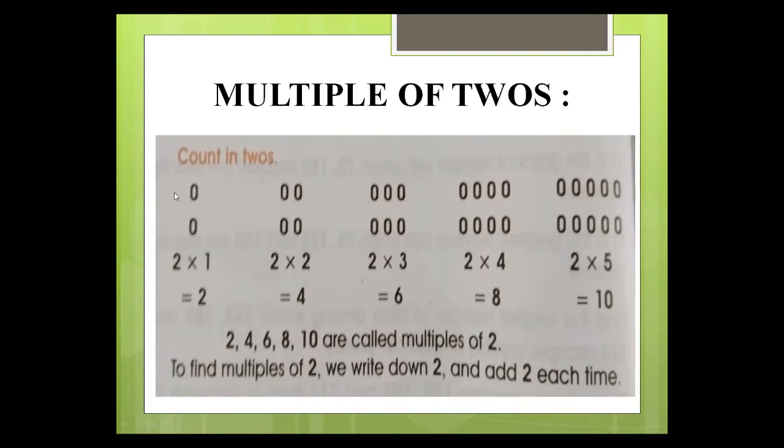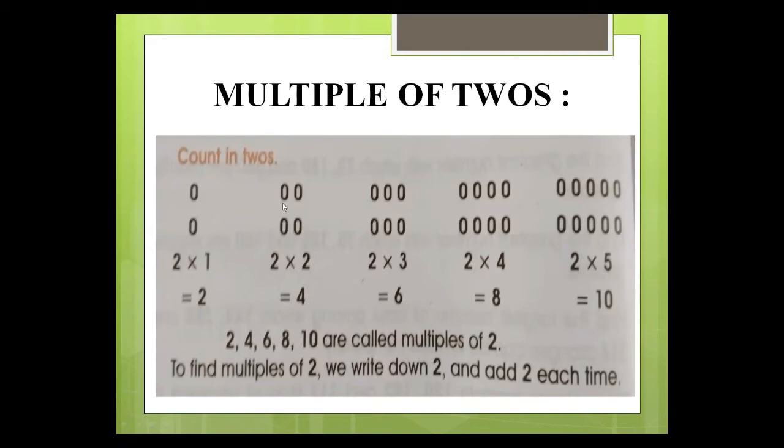Here you see this is row 1, this is row 2, but both of these zeros come in a single vertical column. That's why, in other words, you say that there are 2 rows. So we write 2 and multiply with the columns. How many columns are present there? Just 1. That's why we say 2 into 1 is equal to 2.